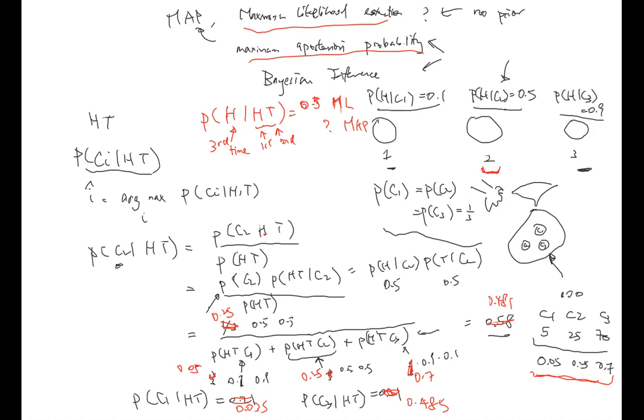So how do I do the MAP estimate here? Let me see if I can find some space.